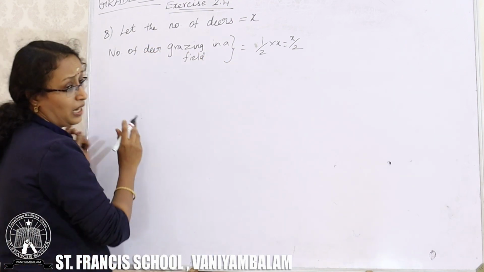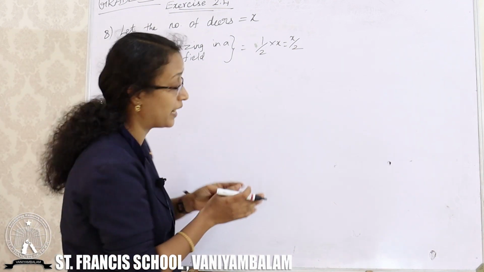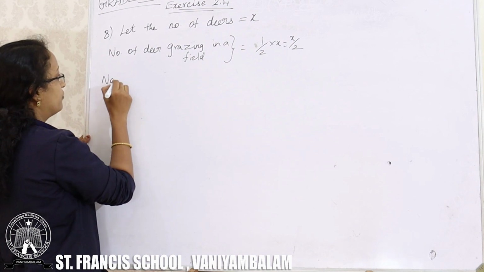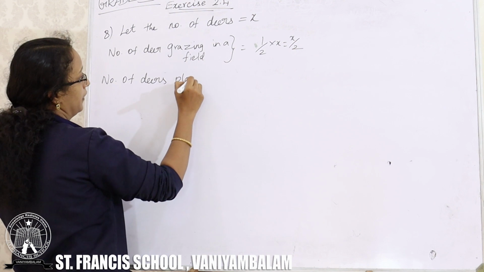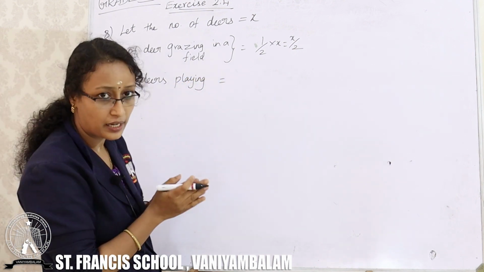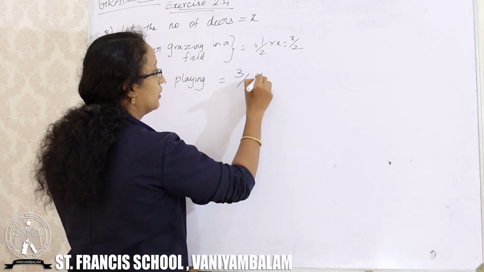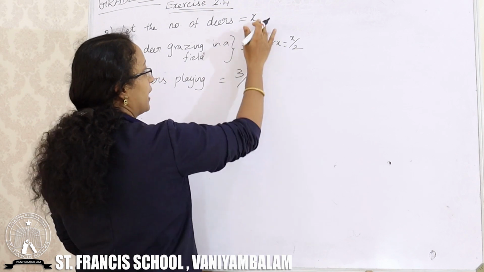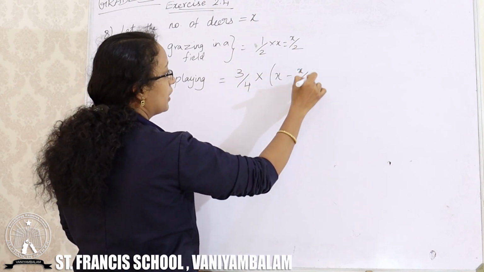So the number of deer playing nearby is 3/4 of the remaining. What is the remaining? I am going to subtract this. Then I will get the remaining, right?